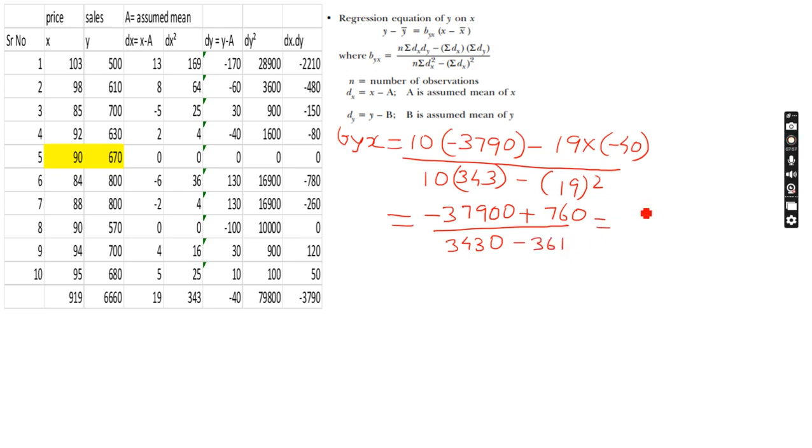Further solving, 37,900 minus 37,900 plus 760, so your answer would be minus 37,140 divided by 3069. So my beta coefficient is not 12.1, but it is minus 12.1.